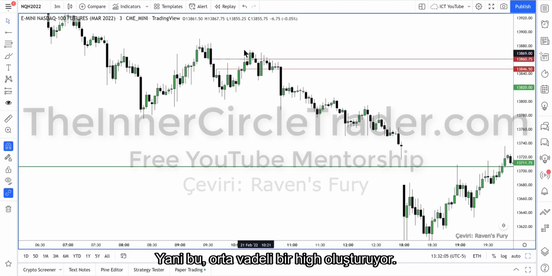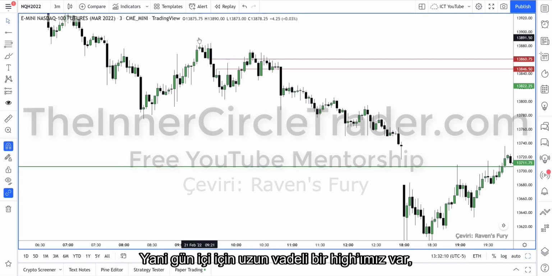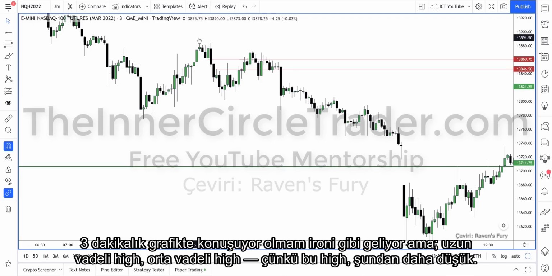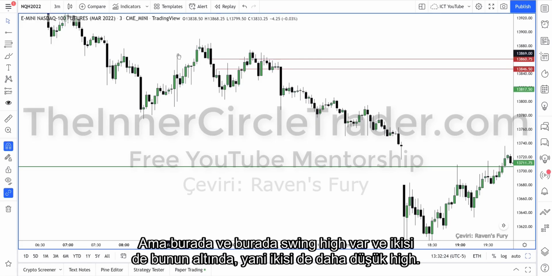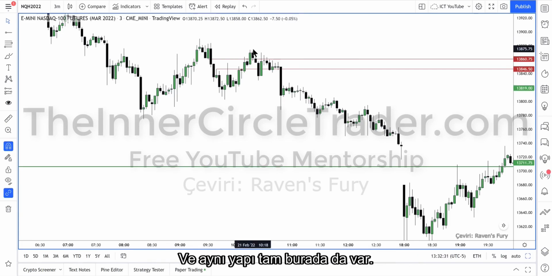So this one makes an intermediate term high. So we have a long-term intraday on a 3-minute chart, which sounds like an oxymoron, I know, but long-term high, intermediate term high, because this high is lower than that one. But we have a swing high here and here that are lower, both being lower than this one. Then we have the same context right here.